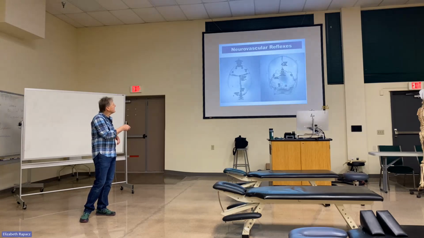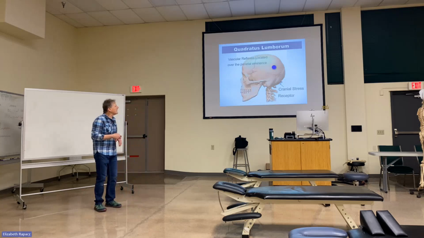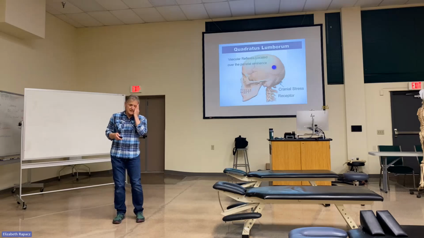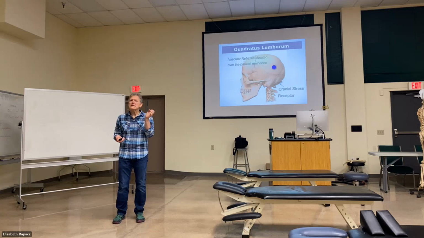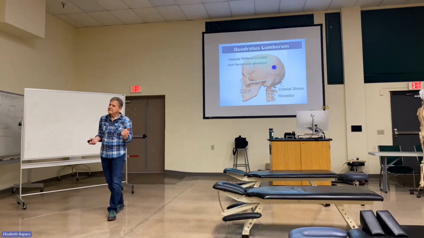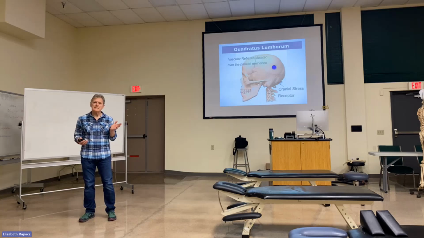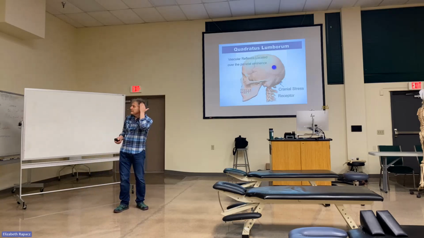So there's the QL Bennett. I've mentioned anatomy trains, and some of you guys are familiar with anatomy trains, right? There's the lateral fascial line that they talk about in anatomy trains, comes right up through here.